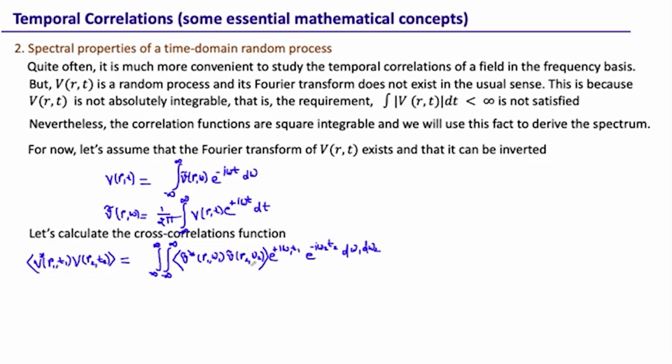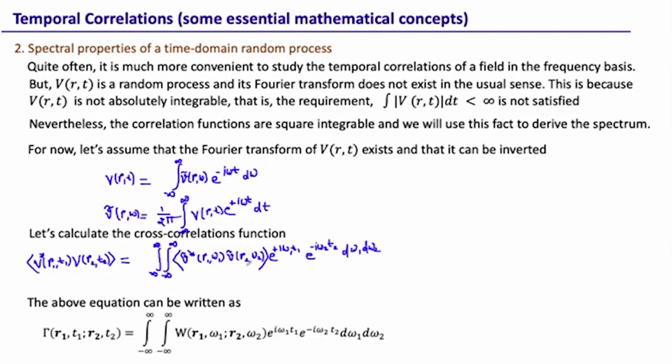We can write it like this, where this is the cross correlation function Gamma(R1, T1, R2, T2), and this quantity we are writing as W(R1, omega 1, R2, omega 2).